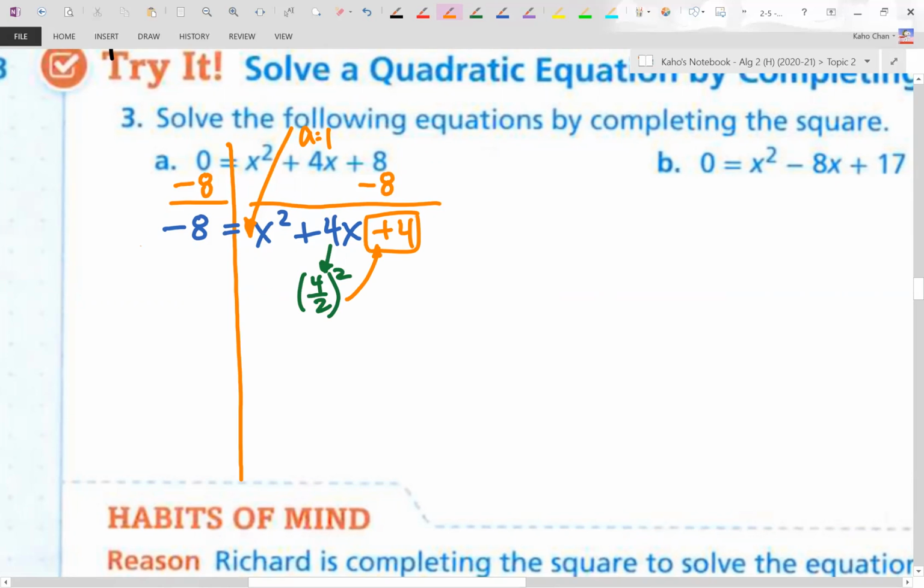I need to add 4 to the other side as well to balance the equation out. The whole point of that is to create a perfect square trinomial. That perfect square trinomial is now x plus 2 times itself, or simply x plus 2 squared when you factor that. On the other side, 4 and negative 8 are negative 4.